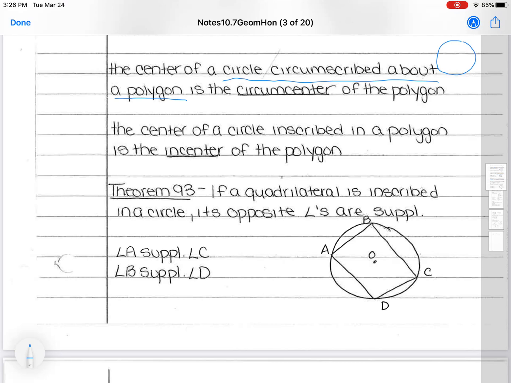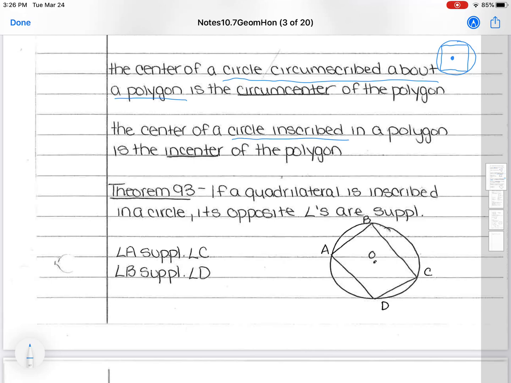So if the circle is circumscribed about, that means that the circle has to be on the outside of the actual figure itself, and it doesn't matter what the polygon is. Let's just say I put 4 sides. Then the polygon is inscribed inside of the circle itself, and that point in the middle would be called the circumcenter. So you have to be very careful in regards to how it is worded.